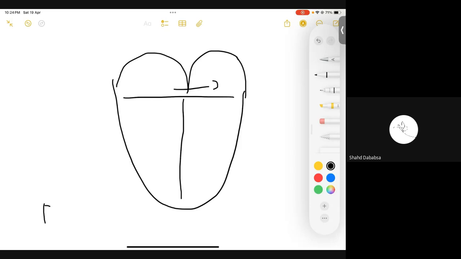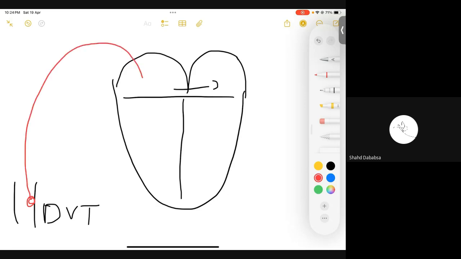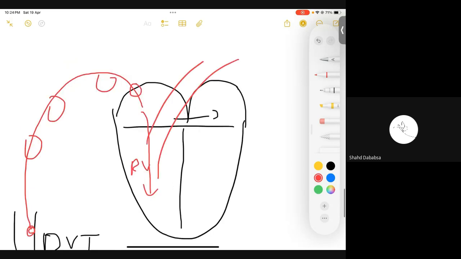Let's suppose this individual develops deep vein thrombus. We discussed that this thrombus can dislodge. It can become an emboli. What is an emboli? It's basically a moving thrombus, right? So this emboli would enter your right atrium first, and from the right atrium it can enter your right ventricle. From the right ventricle, we know that our pulmonary artery arises, right? And the pulmonary artery leads to your lungs.